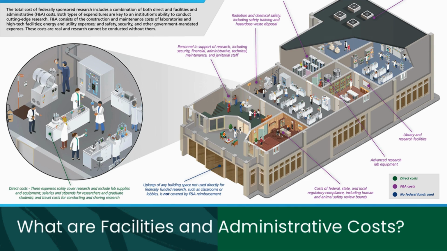Even the cost of the library gets allocated to the functions of the university. And all of those are reimbursements for costs. They're not taxes, they're not made up. They're actual expenses that contribute to the infrastructure that make it so we can conduct research and do those kinds of things.